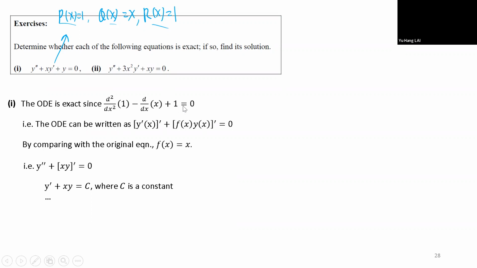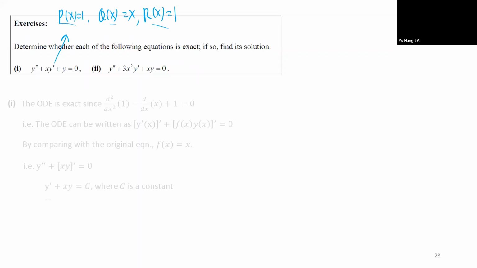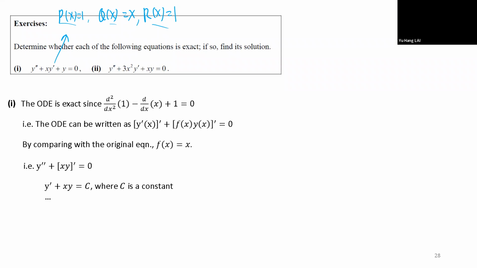So that means the ODE can be written in this form. So what is f of x? From here we can see that f prime of x is given by r of x, so f of x is just the integral of r of x. The integral of r of x is just integrating 1, so that's just x.